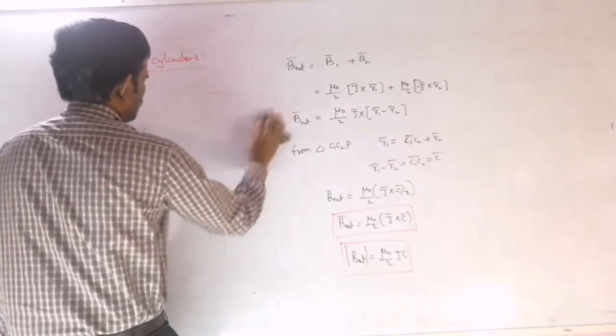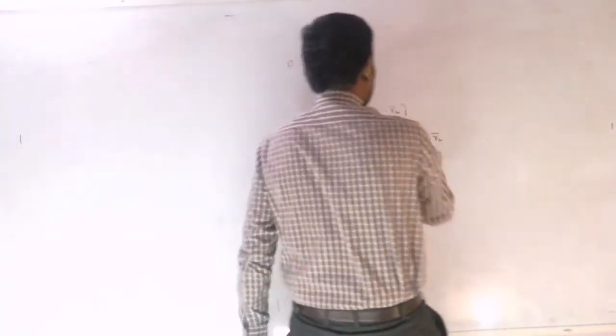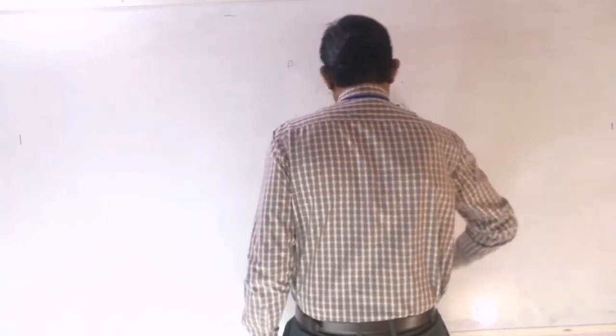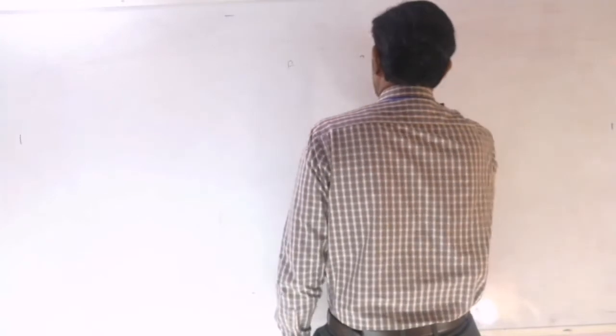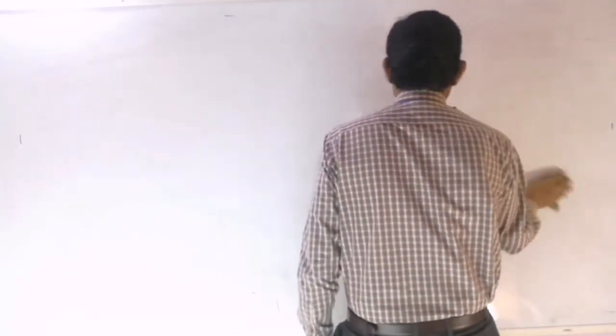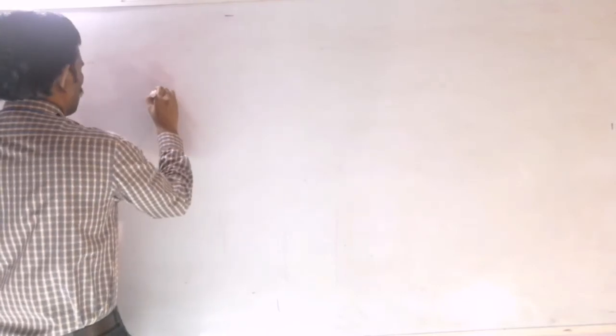Next, based on this concept, let us see one more problem, based on this cavity calculation or magnetic field inside calculations. Now here there is a coaxial cable.